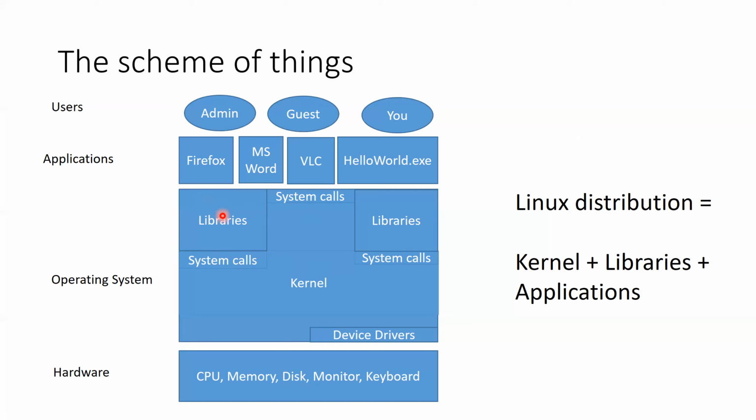What's in that software around the kernel? We have system libraries. Different distributions provide you with different system libraries or system software and some applications that they provide by default. Let's say you have some application for word processing. Different distributions would provide you with different word processing applications.